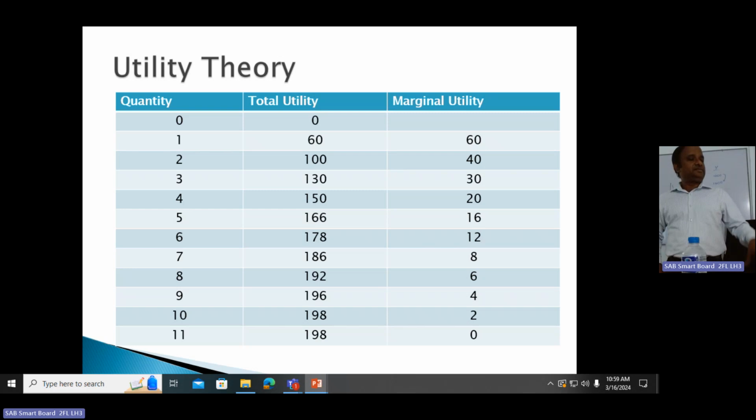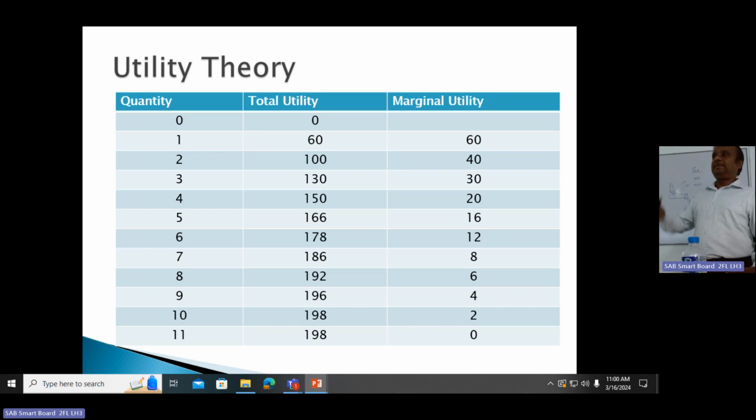At the first unit, you get 60 units of utility, and at the second, you get 100 utility. Likewise, it always increases. Total utility increases.